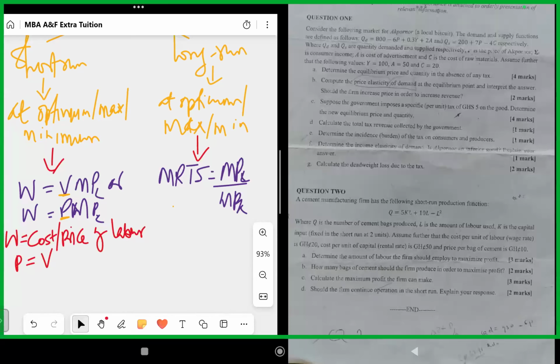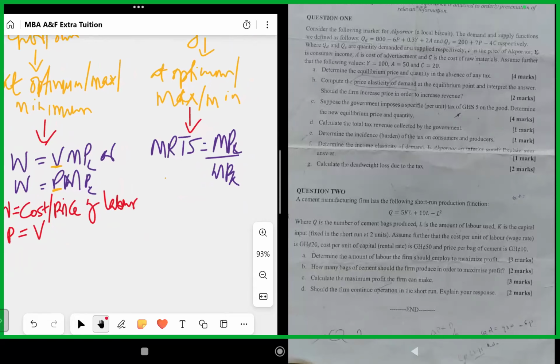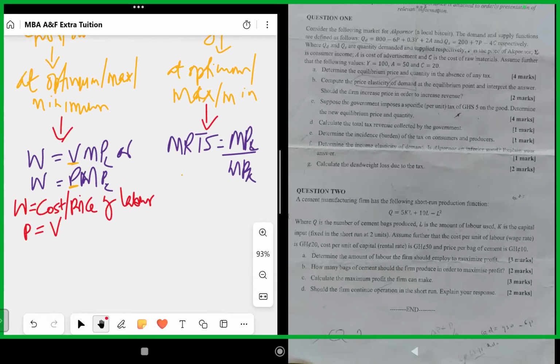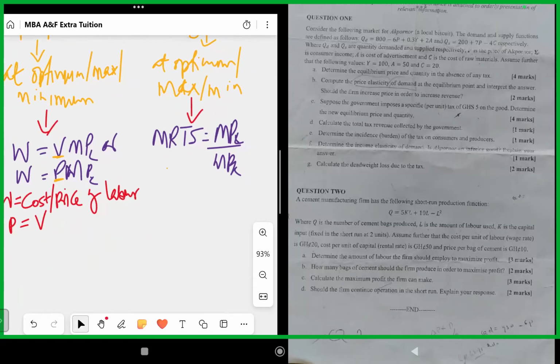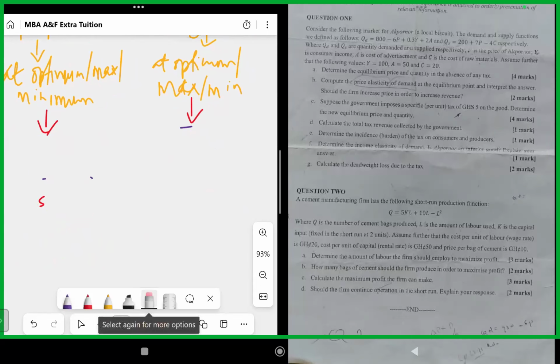In the long run, at optimum, maximum, or minimum, we say MRTS equals... okay, let me first come up with this. Hold on, I have to explain something first. Let me clear this. I'll come back to it.